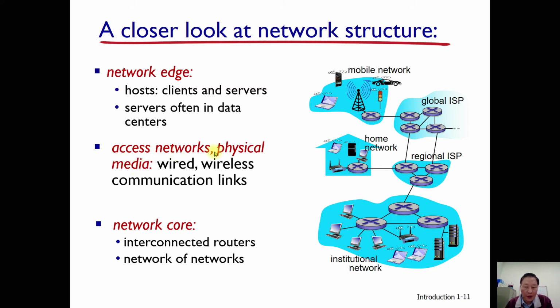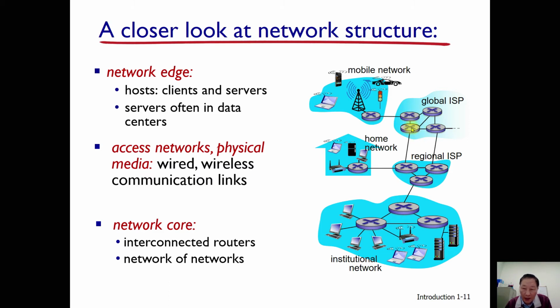And the access networks and physical media. We can use a wired line like this. Also, we can use a wireless Wi-Fi communication link. Inside, we can say this is the network core part.